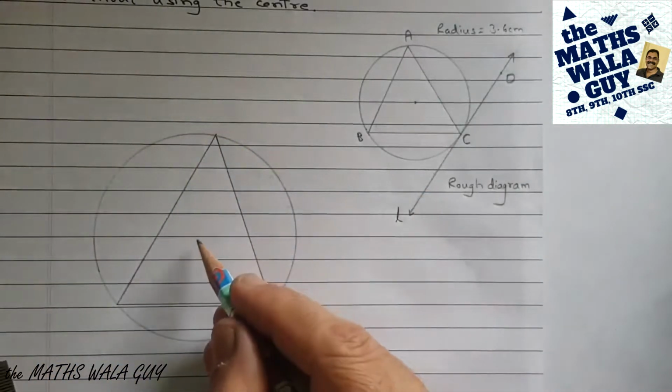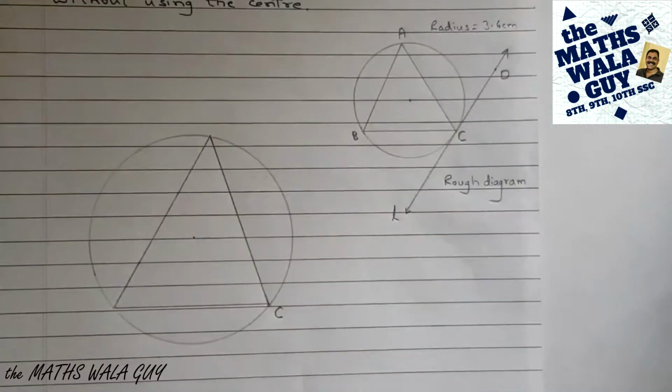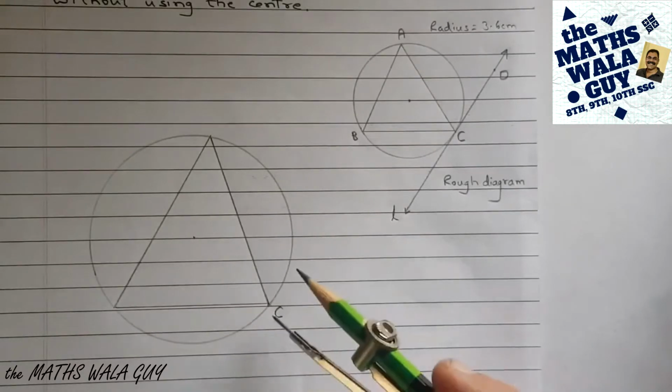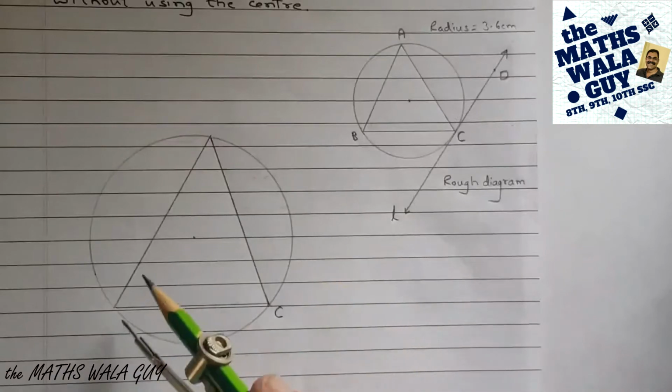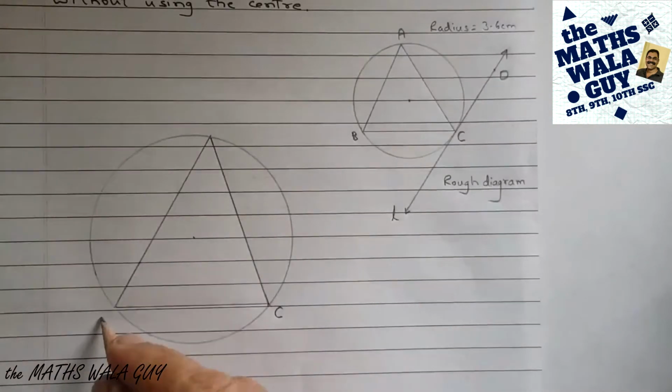As I told you, just take care that the center is not lying on any of the sides of the triangle. Now to draw the tangent, as I explained earlier, I will draw an angle here which is congruent to the angle B. I'll just label it.